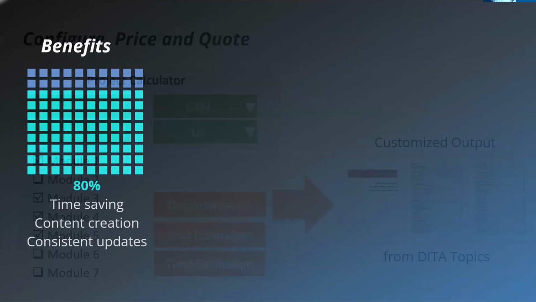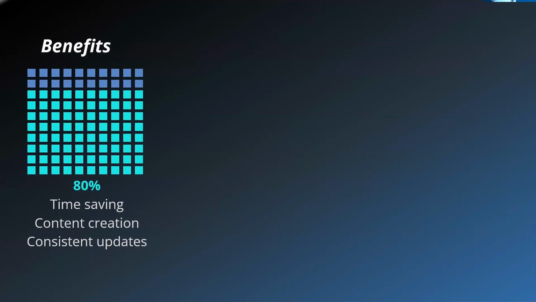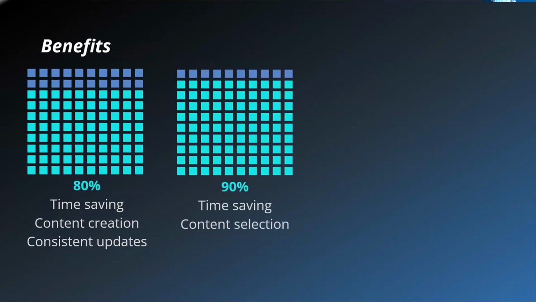Now, these are their figures. Their estimate was an 80% time saving on content creation. But obviously, they also picked up on the consistent updates, the update the topic in one place, and you can update multiple publications from that.